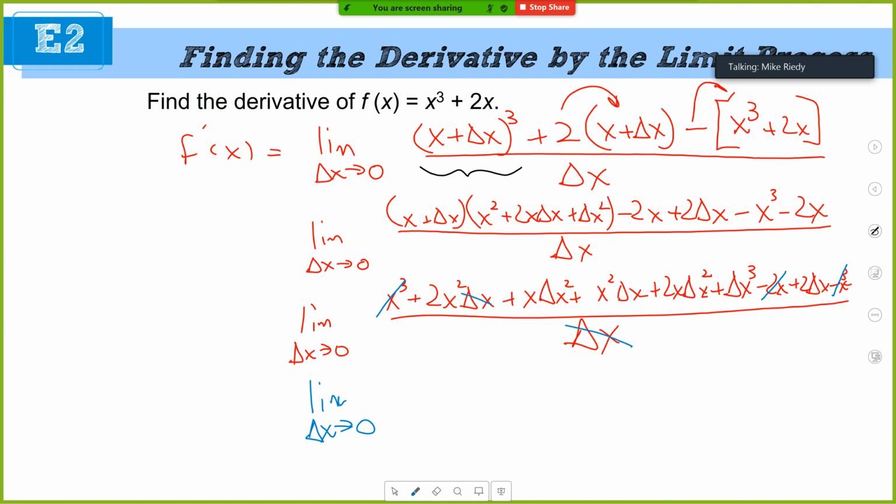That one goes away, one of those goes away, this becomes a 2, and that goes away. So I think I'm left with 2x squared plus x delta x plus x squared plus 2x delta x plus delta x squared.